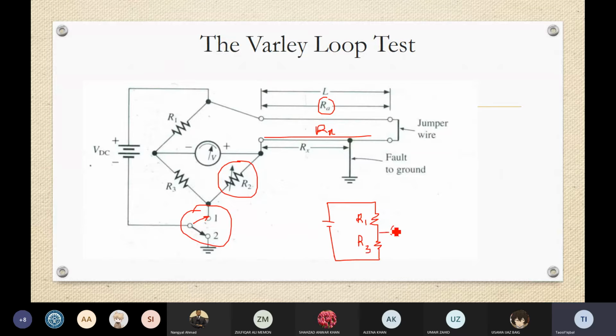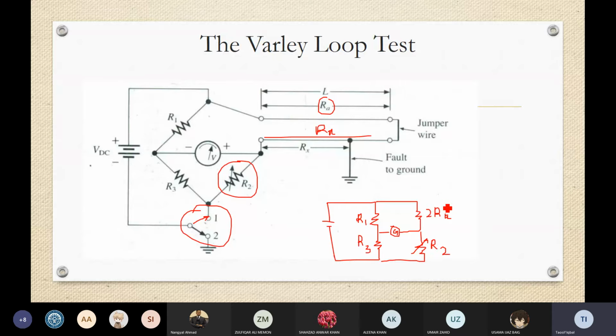So this resistance is going to be R1, and this resistance is going to be R3, and here we have the detector, the galvanometer, and on this side we have this 2RA, so that we can find the value of RA. And then finally we have the variable value of R2.